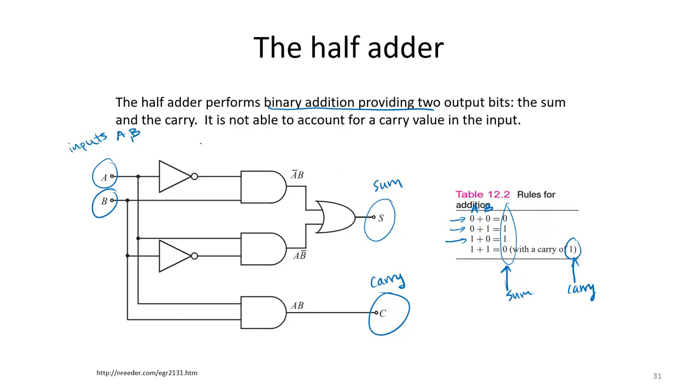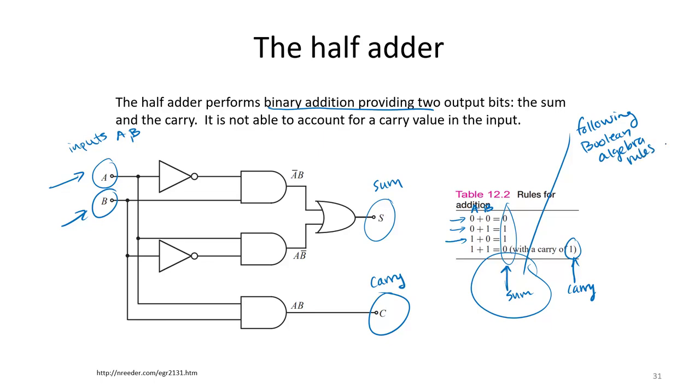So we can actually design a circuit that will take two inputs and give us the sum. Of course, this is following Boolean algebra rules. So we call this a half-adder because it's actually only able to add just the input bits without any carry value in the input.